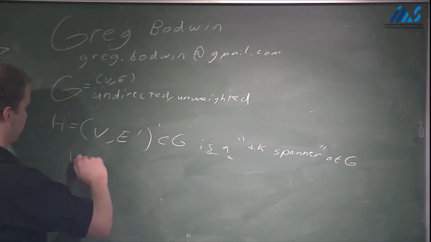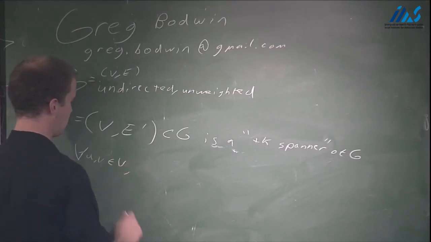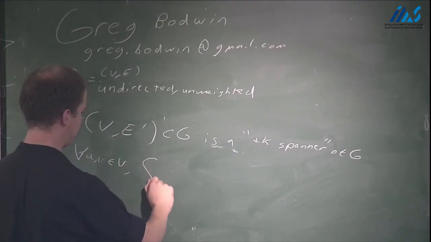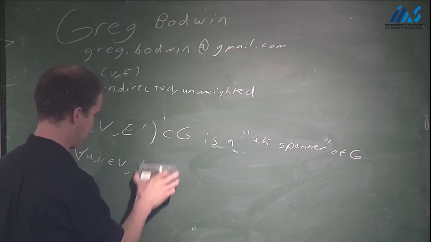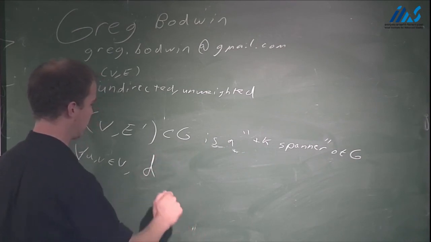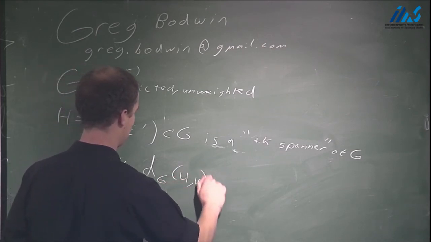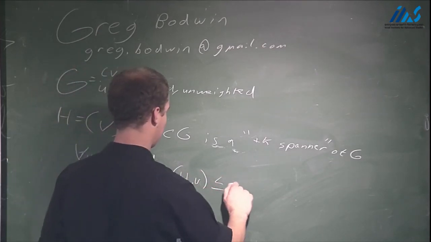For every pair of nodes, essentially H approximately preserves the distance.